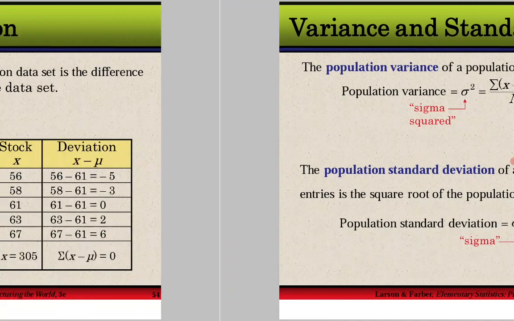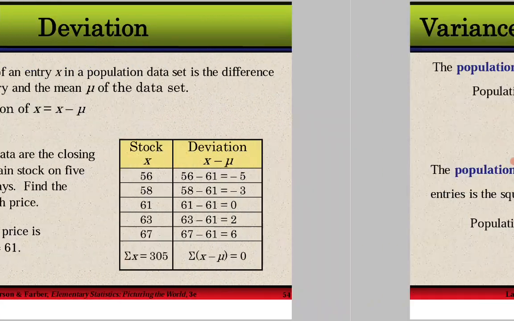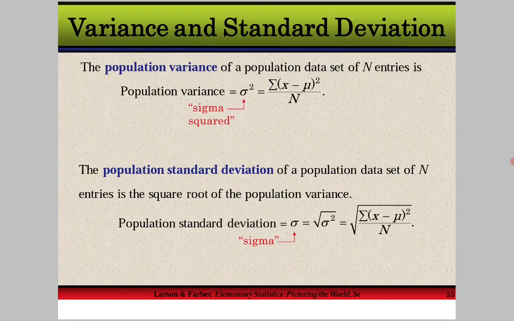Next, variance and standard deviation. So we have discussed different terms: range, deviation, variance and standard deviation. What is variance? Take the population variance. Population means the data items taken.